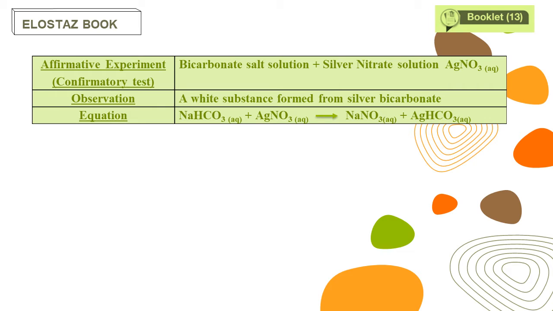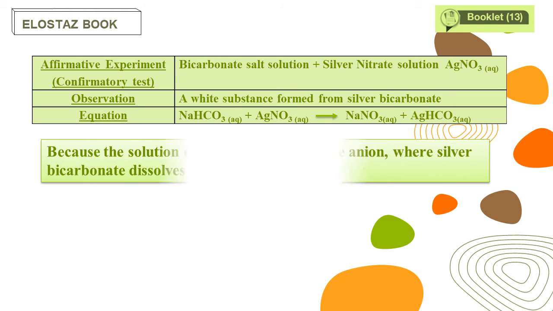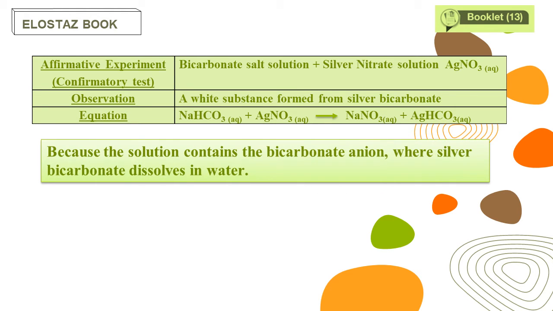So the solution contains the bicarbonate anion, HCO3 negative 1, where the silver bicarbonate dissolves in water and no precipitate is formed.